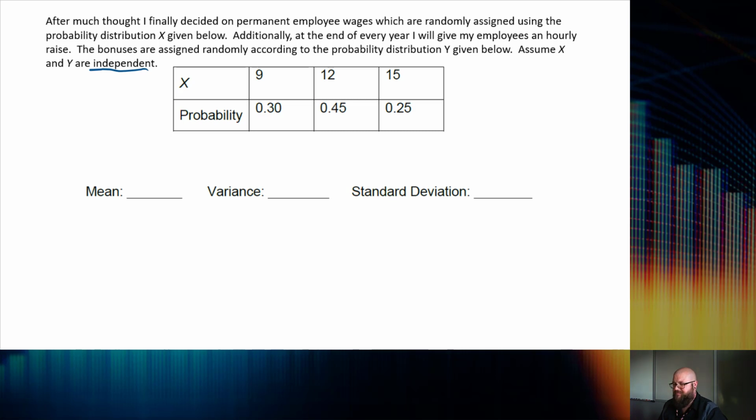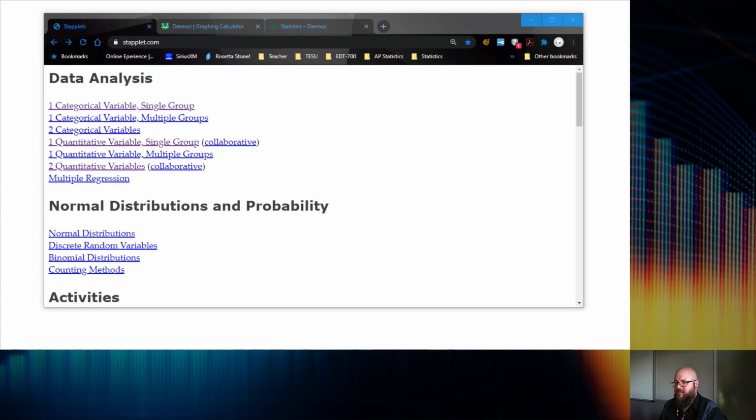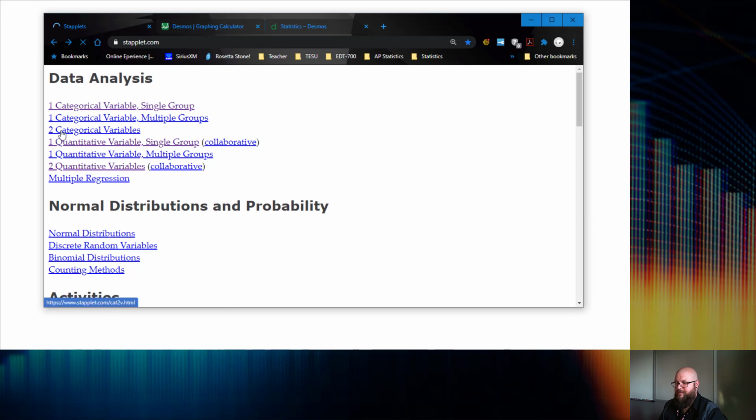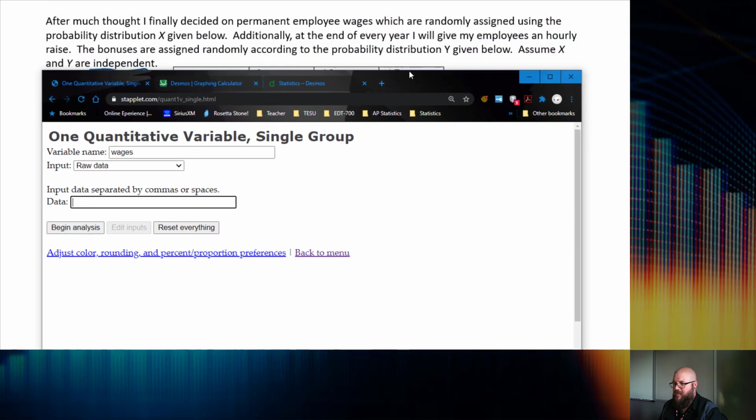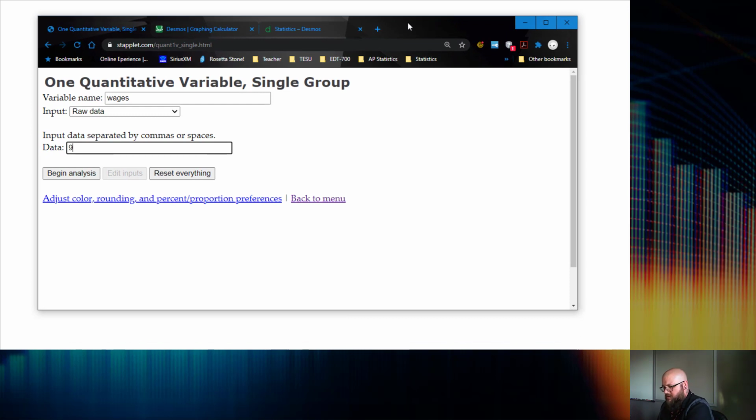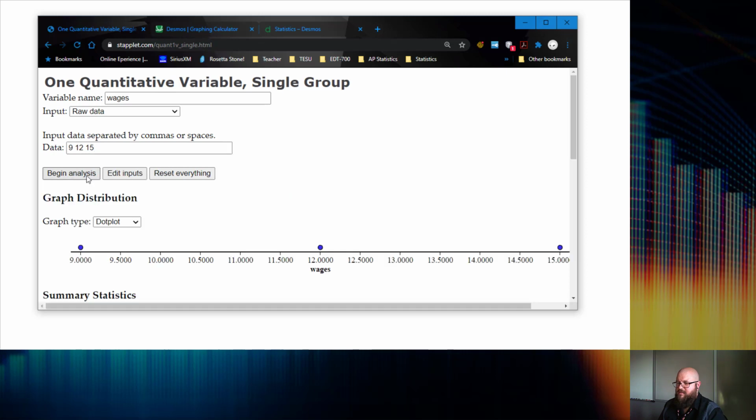An easy way to do it, if you don't have a calculator, is to use StatKey. In StatKey, we're going to go to one quantitative variable and name this wages. For our wages, we had 9, 12, and 15. Let's begin our analysis.